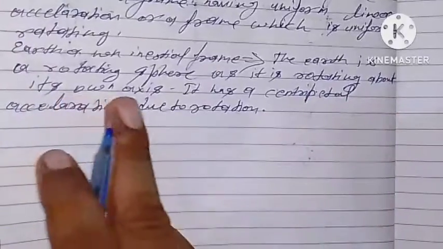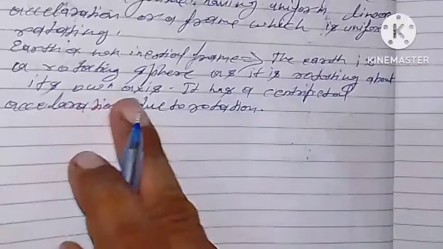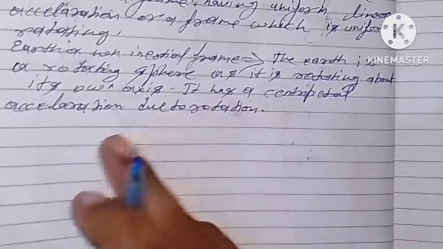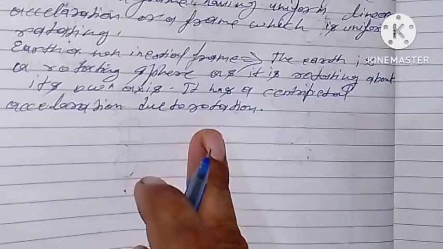Earth is a rotating sphere as it is rotating about its own axis, and it has a centripetal acceleration due to rotation. So Earth is a non-inertial frame.